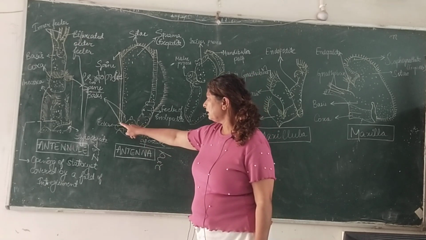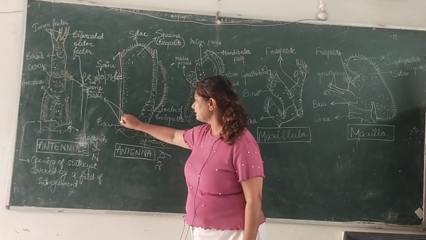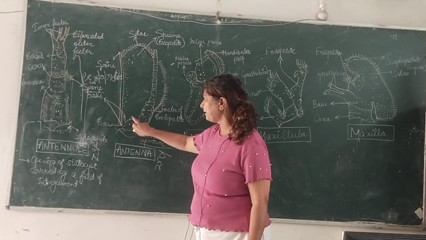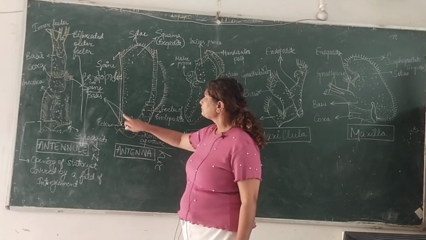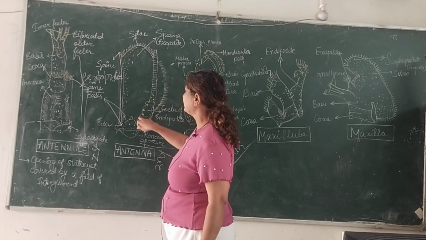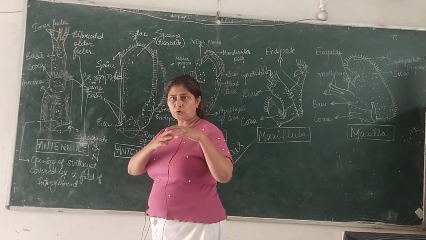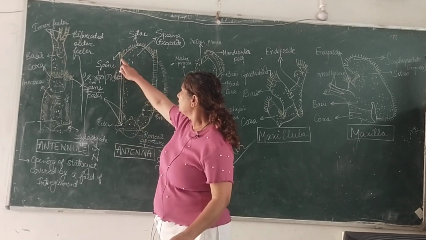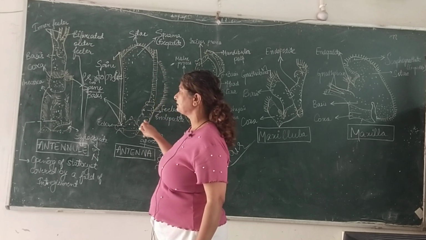After this, on the inner side, there is present one pointed structure, two pointed structures. Then there is present a shield like structure, लंबा चौड़ा शीट वर्गा. Internal side is a plane, external side is a fan like.